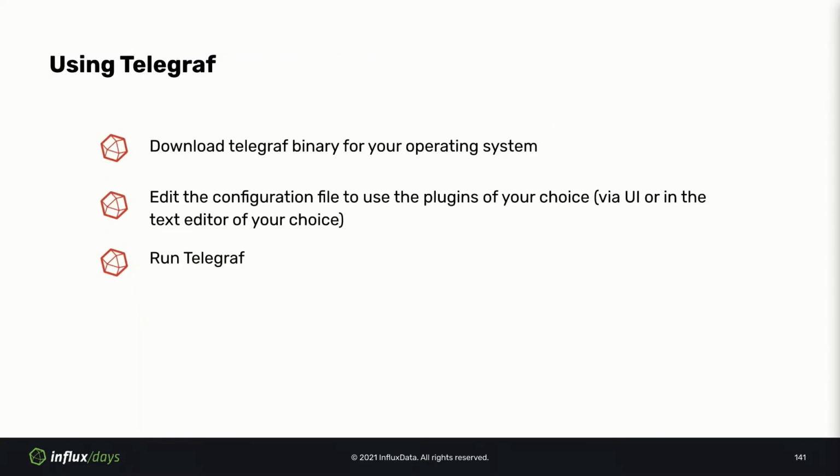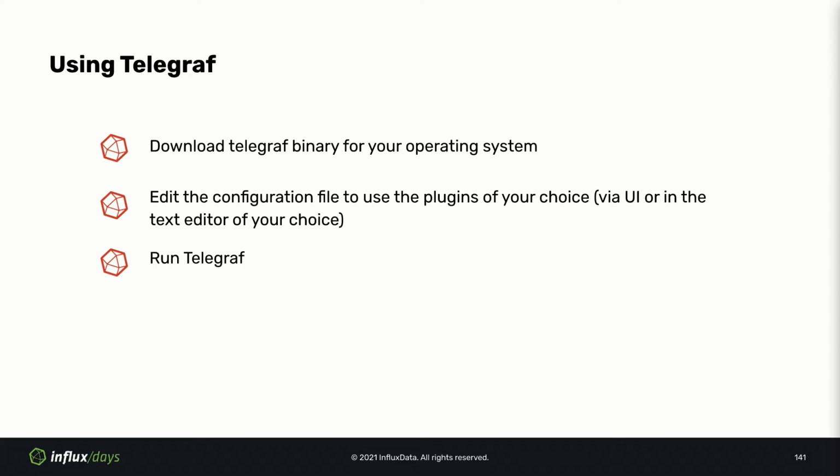Getting started with Telegraf is simple. On the InfluxData.com downloads page, you'll find the latest version of Telegraf available for your platform. We support OS X, Windows, and several flavors of Linux.